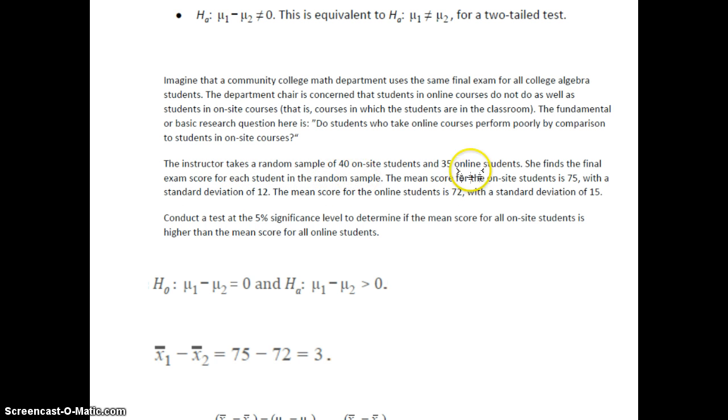Now, the mean score for the on-site students is 75 with a standard deviation of 12. The mean score for the online students is 72 with a standard deviation of 15. Now, conduct a hypothesis test at the 5% significance level to determine if the mean score for all on-site students is higher than the mean score for all online students.